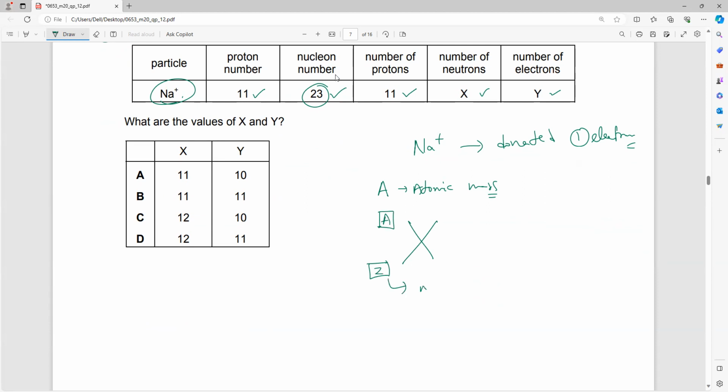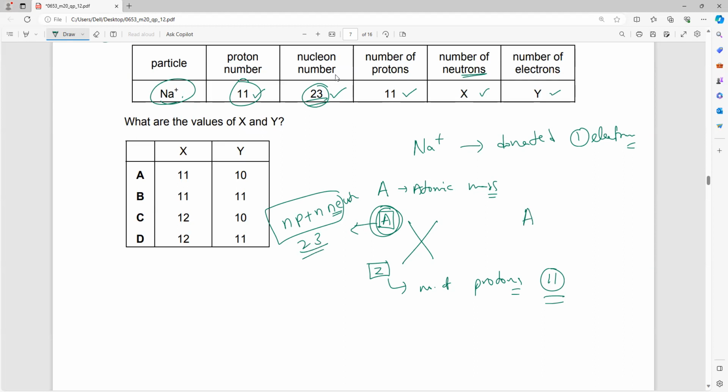So atomic number means number of protons. So number of protons, how many? 11. Atomic mass means number of protons plus number of neutrons. N means neutrons. So that is 23. Now the question is number of neutrons, how many?